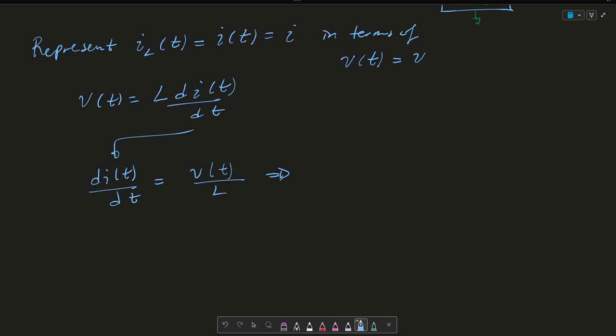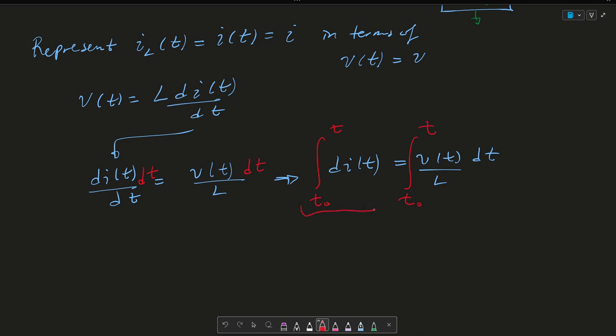What I'm going to do now is multiply both sides by dt. So this just becomes di(t) equals v(t) times dt over L. Let me go ahead and take an integral on both sides, from t0 to t.